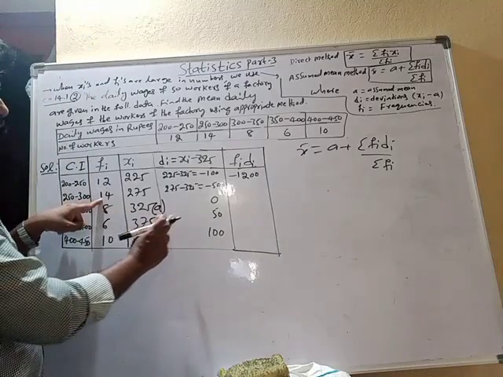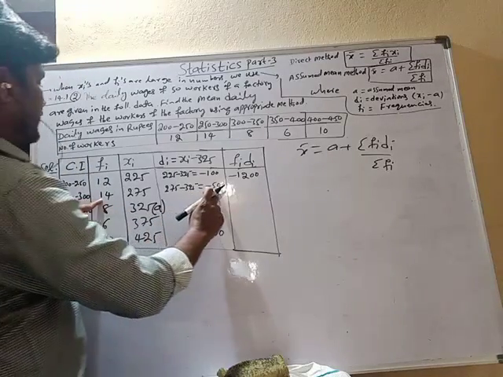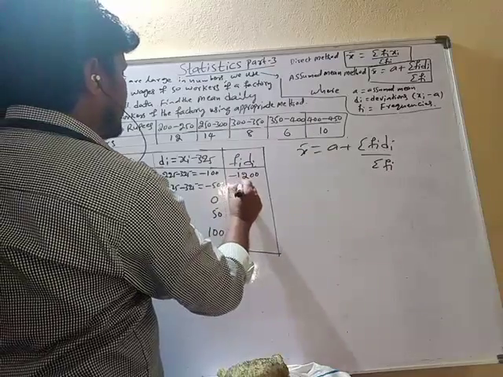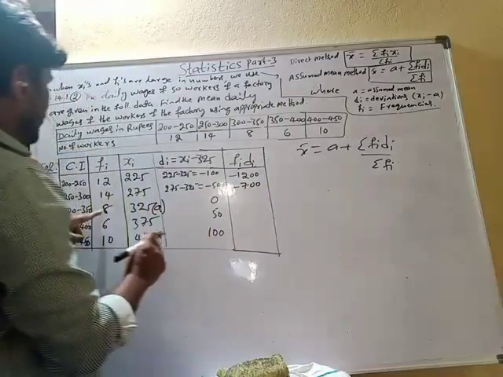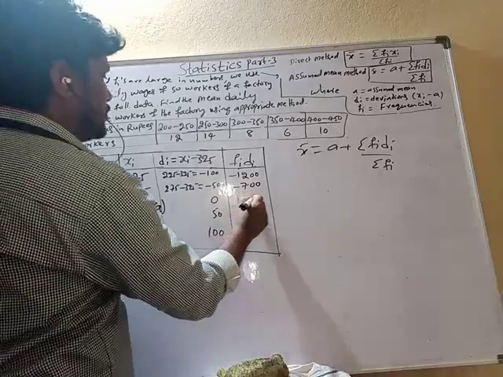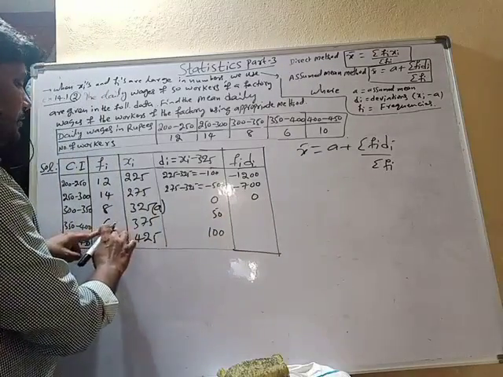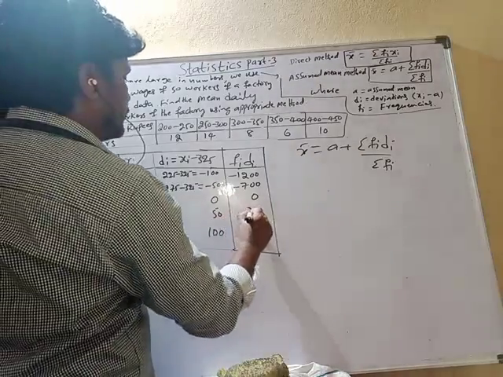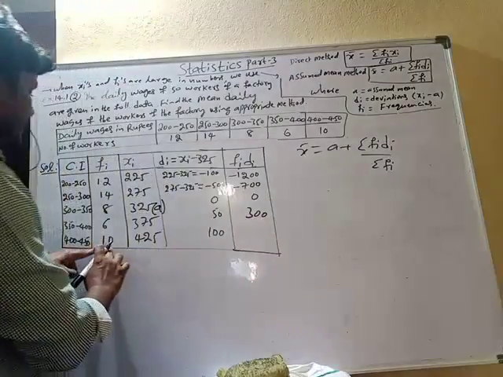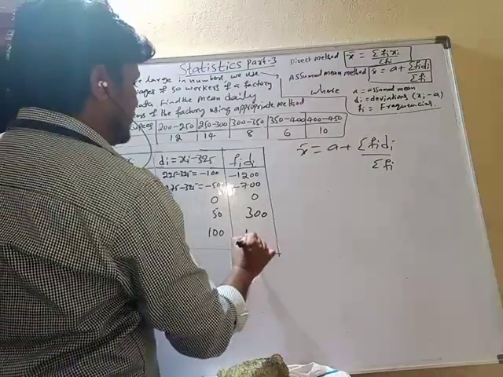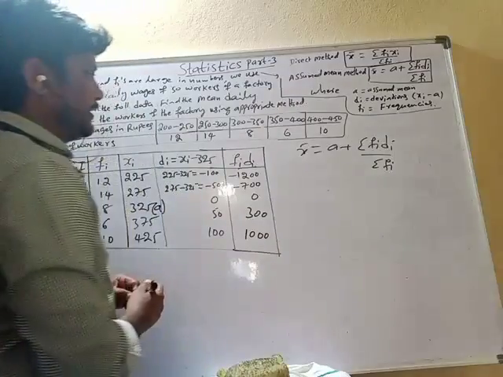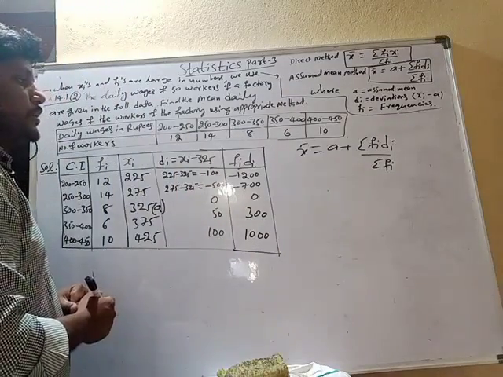Next, 14 into minus 50 is minus 700. Then 8 into 0 is 0, 6 into 50 is 300, and 10 into 100 is 1000. These are the fi into di.